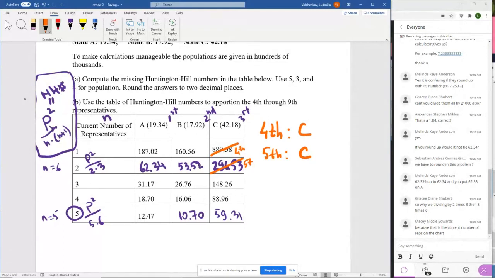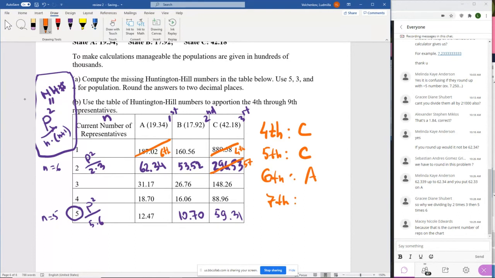We look at the remaining numbers. So we have 187 here, 161, 187. So the sixth goes to A. Okay. The seventh. We look at the numbers that we have now.